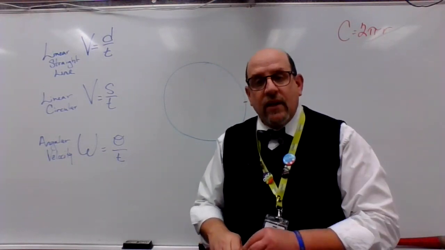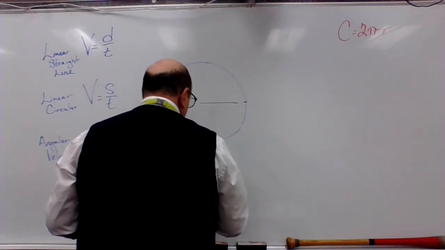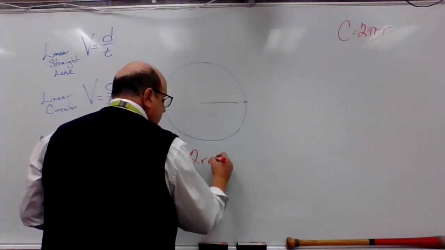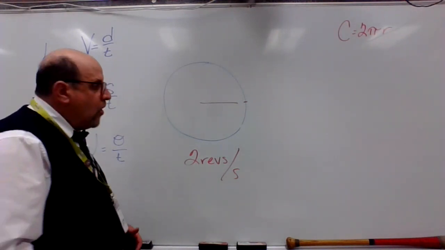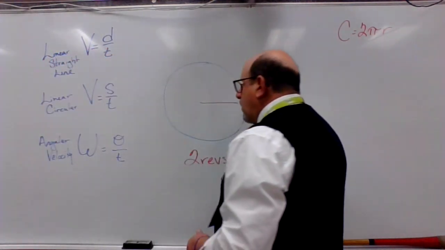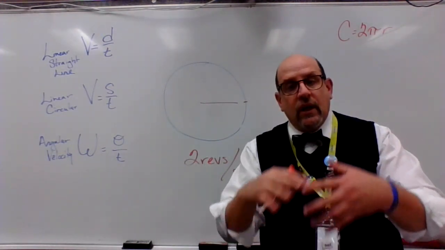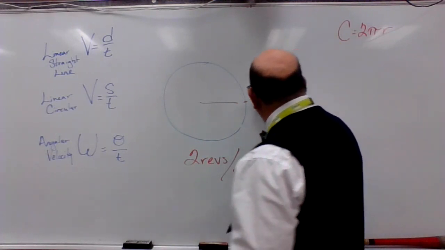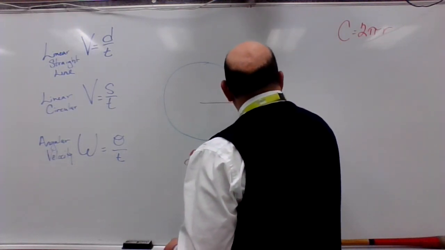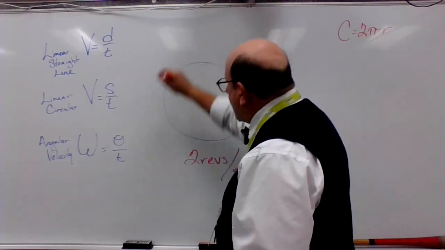And I said this wheel goes 2 revolutions a second. Okay, well, if 1 revolution all the way around in terms of radians is 2 pi, and that's what I showed you before, right? 2 pi is 1 complete circle, 2 pi radians. If it goes around again, that's another 2 pi.